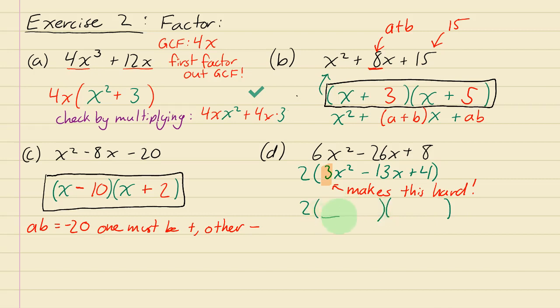If these two things here are going to multiply to get 3x squared, one of them should be 3x and the other one should be x. That will make the 3x squared.